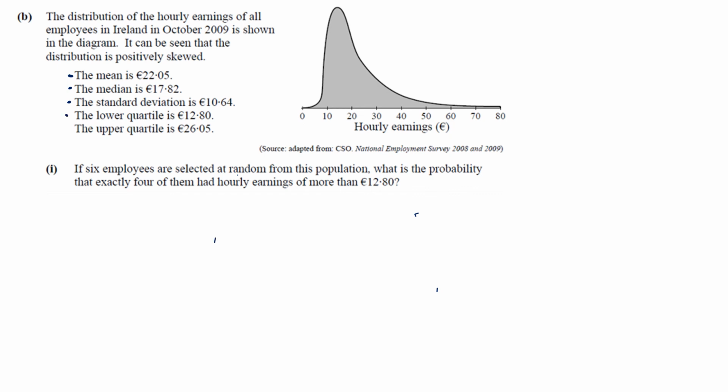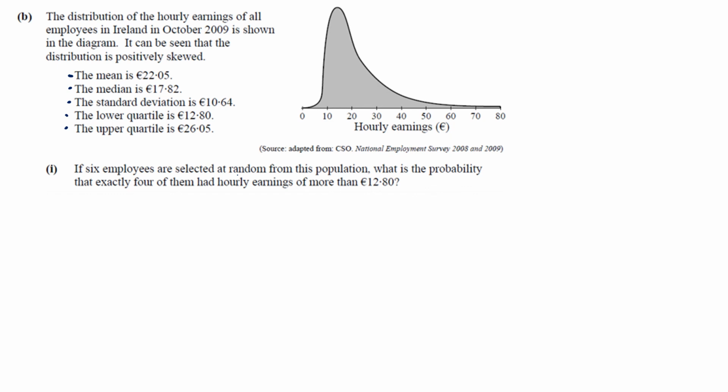The lower quartile is 12.80 and the upper quartile is 26.05. So what they want us to do is, if 6 employees are selected at random from this population, what is the probability that exactly 4 of them have hourly earnings more than 1280?